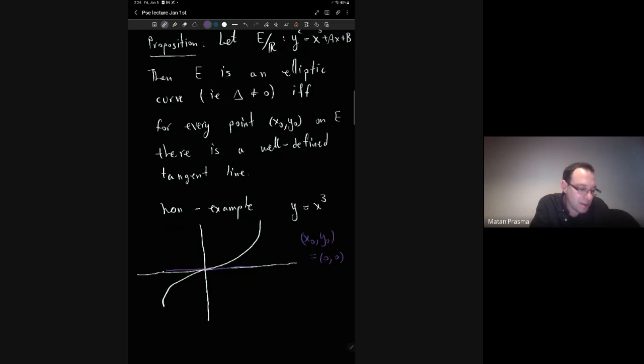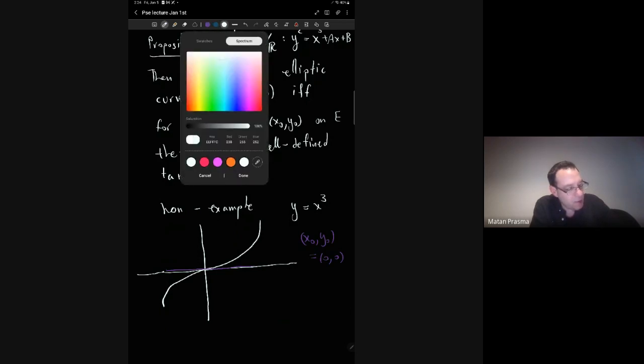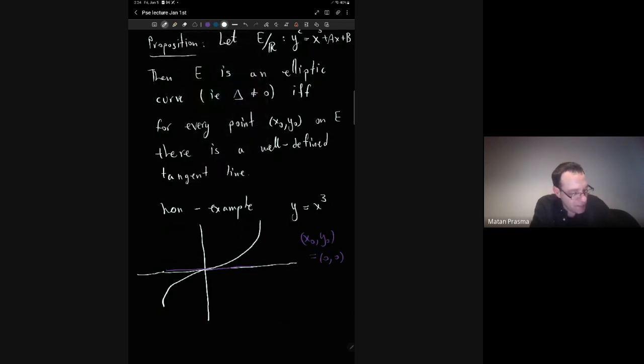And I mean, if I had a tangent line in this case, then I would expect it to be the purple line. But one property that I expect from a tangent line is a kind of continuity.